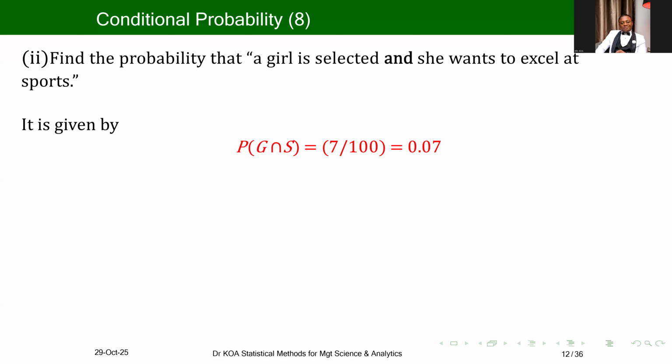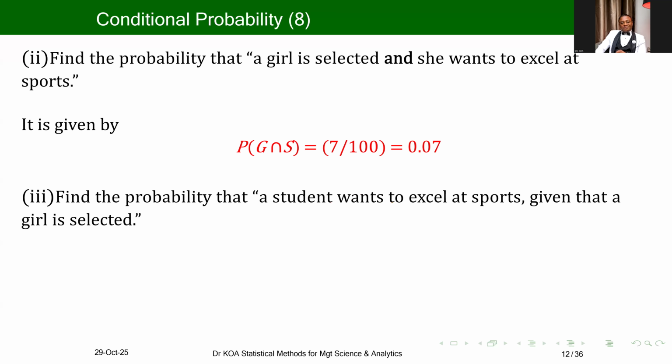Now, let's go to the next one. What is the probability that a student wants to excel at sports, given that a girl is selected?